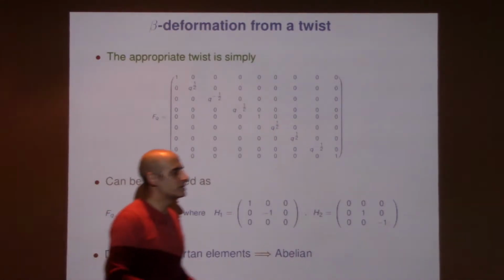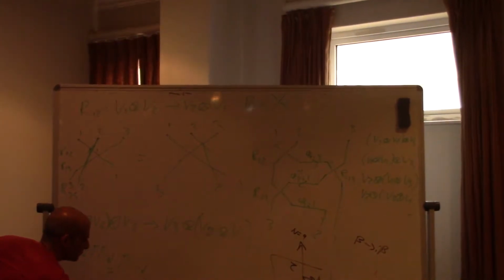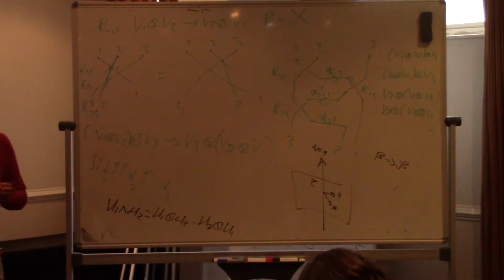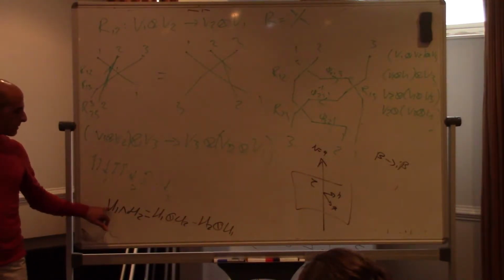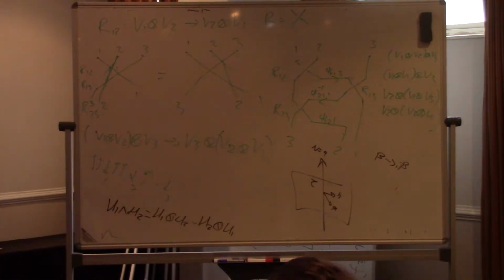When I write H1 with H2, what I mean is H1 tensor H2 minus H2 tensor H1. These are all 9 by 9 matrices, because they are 3 by 3 since we're in SU3, and they live in the tensor product, so they're 9 by 9.